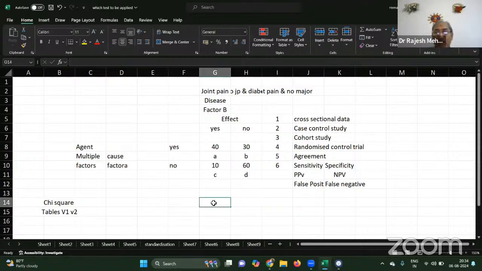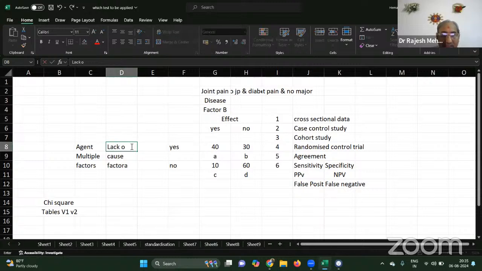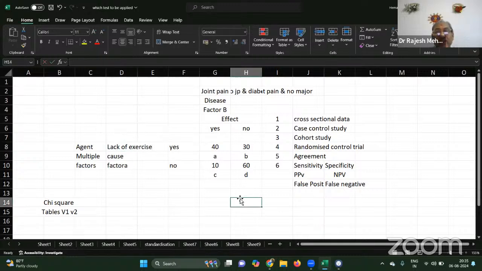In case control study, we want to compare, for example, a disease, joint pain, and a factor, lack of exercise. We want to find out whether the lack of exercise was a factor in joint pain or not.